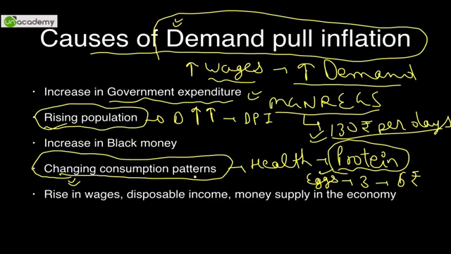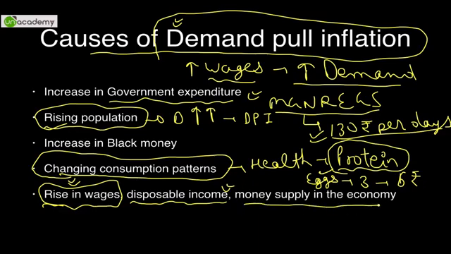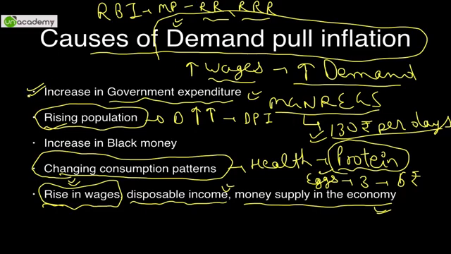These cannot be predicted. And again, if there is a rise in wages, if disposable income is much more, if the money supply in the economy is more, all this will lead to demand pull inflation. Now if the RBI plays with monetary policies like the repo rate, reverse repo rate, bank rate and whatever rates it wants, or pulls in more dollars to change the exchange rate, it will only affect those factors which you can account for, like 1, 2, 4, 5, which are relatively accountable.